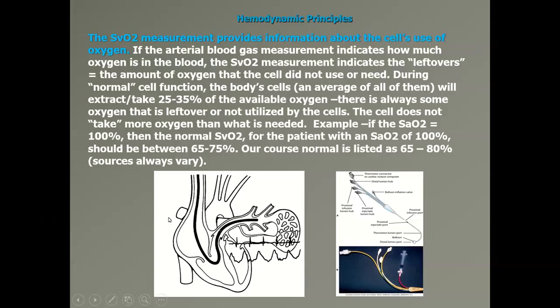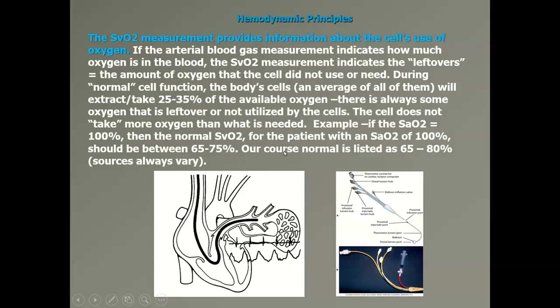If you think about oxygenated blood on the left side of the body, on the arterial side, it travels all the way through the body, and as it travels, it drops off oxygen as the cells use it, and then the deoxygenated blood returns to the right side of the heart.